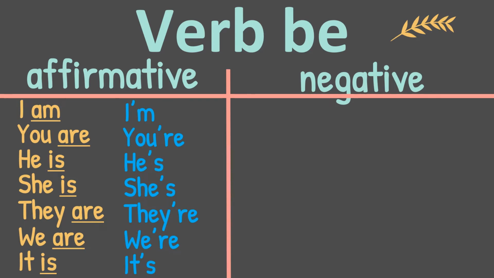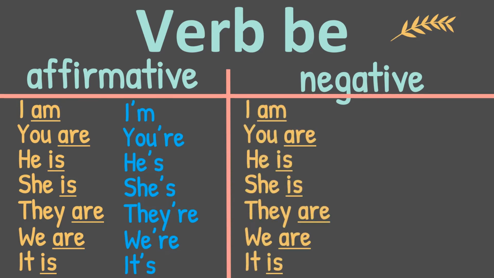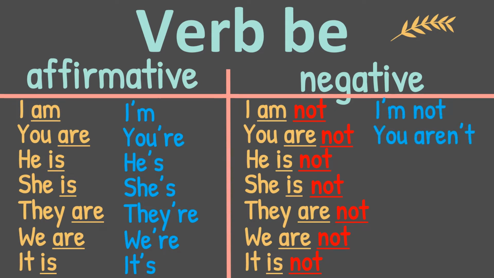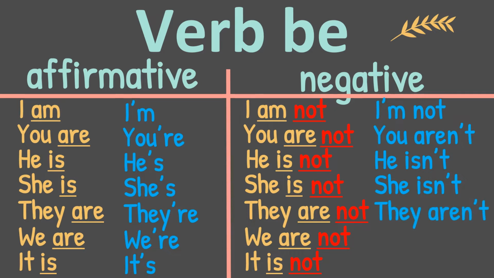And for the negative, we add the word not. Understand? So the contraction form will be I'm not, you aren't, he isn't, she isn't, they aren't, we aren't, it isn't. Okay, class?